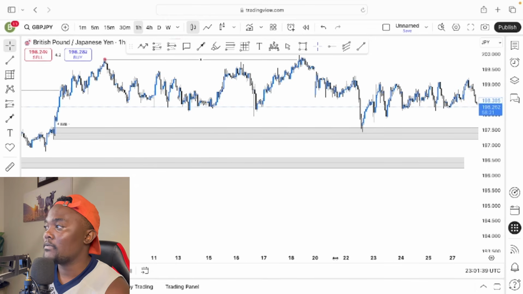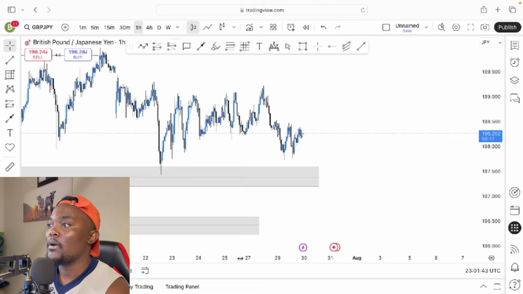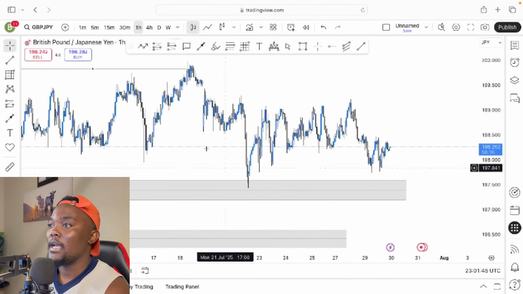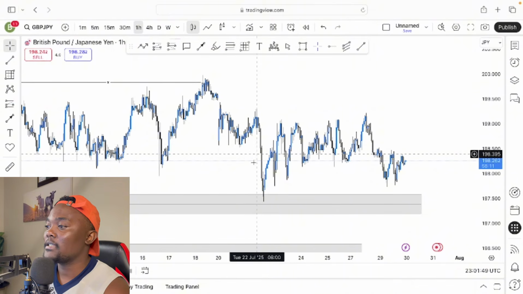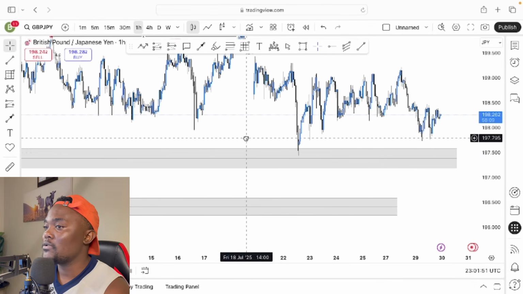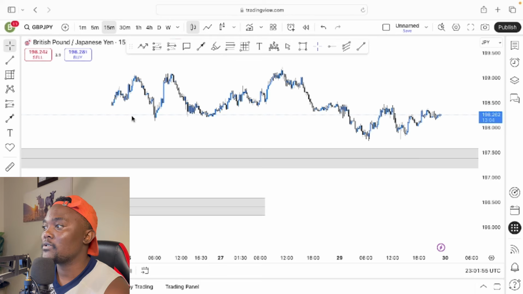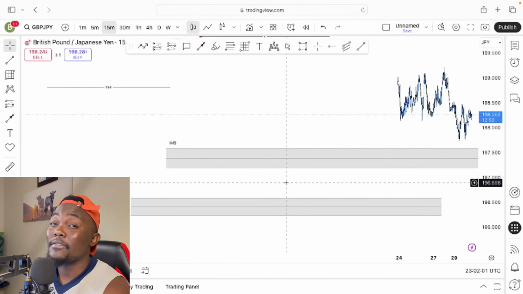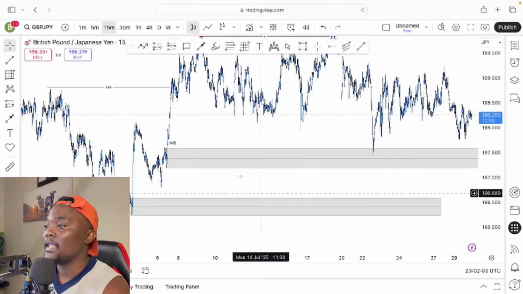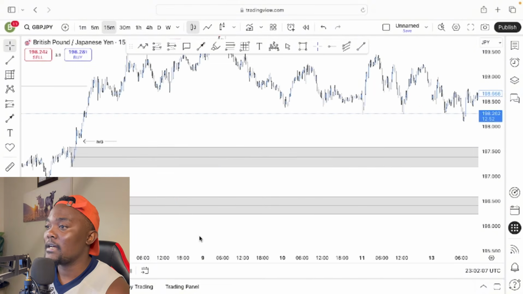The thought process is very simple, because we already know what we are looking for. For now, what I'll be waiting for is a change in trend, because we just tapped into this area of demand. We can switch over to the 15-minute, but there's no need to go that low on the time frames, because if you go too low, that is when you're going to make mistakes or maybe not get tapped into some trades.